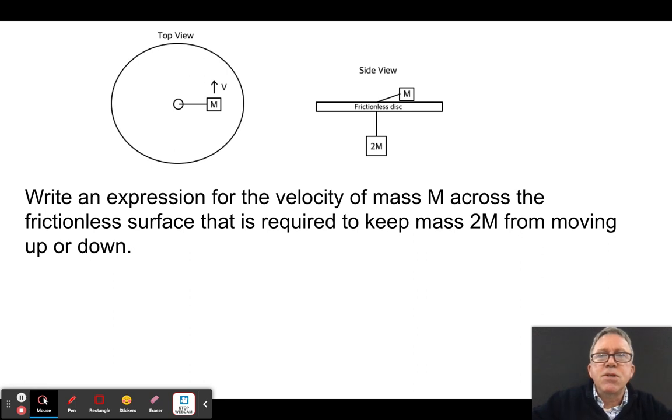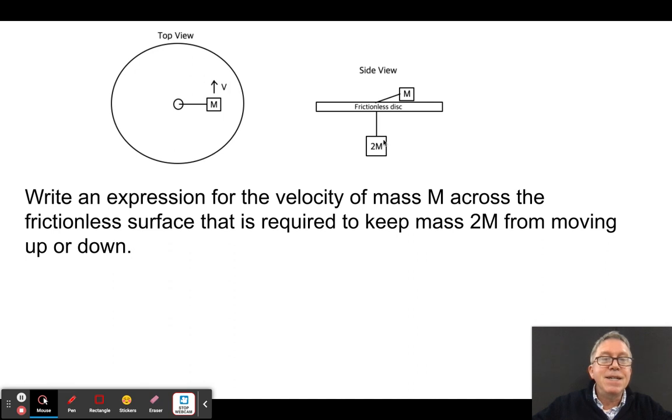All right, well, let's try this one here. So College Board likes this one, and it's actually a pretty simple one. Okay, so imagine I have a top down view. I have this surface that's frictionless. I have this mass connected to a string. The mass is traveling just like it was in the Gravitron, except this time it's a tension force rather than a normal force. And to provide that tension force, what I've done is this string goes through a hole in this frictionless surface, and I've placed an object of mass 2m on it.